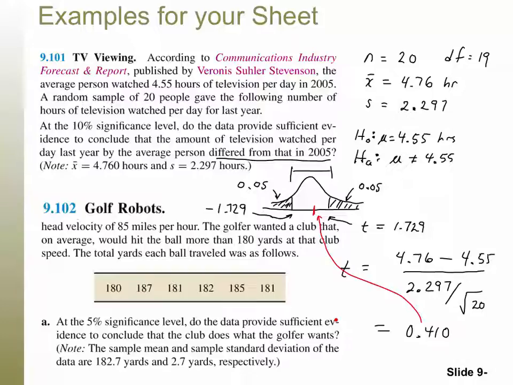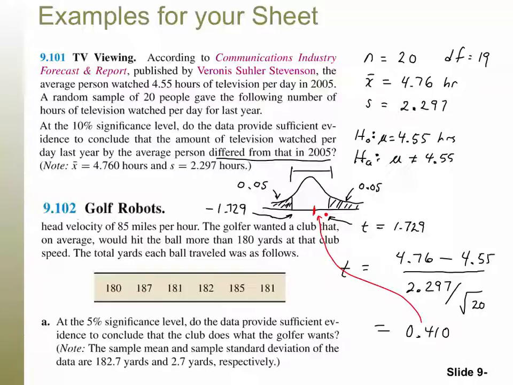So this sample of 4.76 is sufficiently close to 4.55 that we would not reject the null hypothesis. And by not rejecting the null hypothesis, what is our interpretation of that? Do not reject the null means what in this case? Go ahead, Daniel. That the average hours spent watching TV has not differed since 2005.